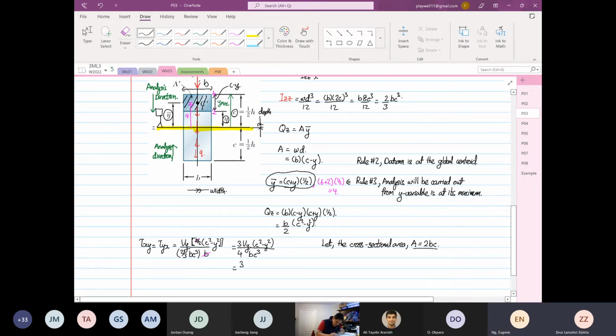So 3Vy times C squared minus y squared. The 4BC cubed, I'm going to split into 2BC and the next one will be 2C squared.